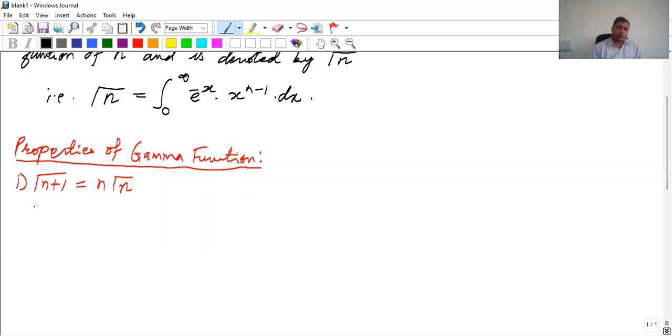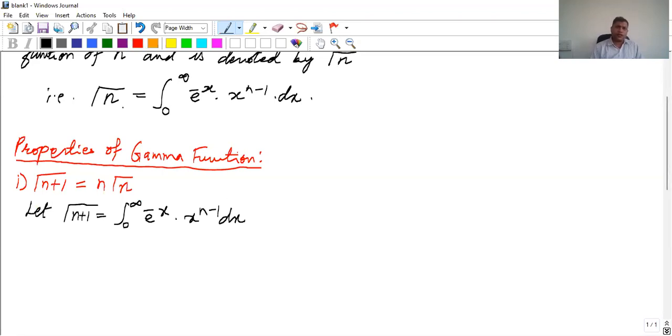Now, how to prove this property? Suppose we have gamma of n plus 1. By the definition, we have the integral from 0 to infinity of e raised to minus x, x raised to n minus 1 dx. That's the definition of the gamma function.